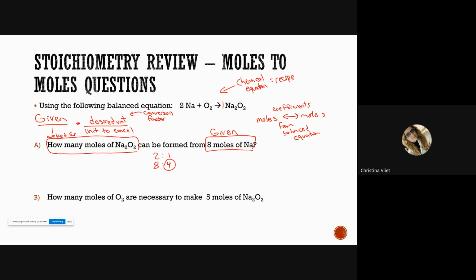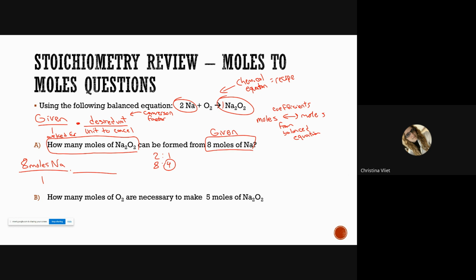Now, what's the traditional method? Start with your given. Your given is 8. Put a 1 under that. This is the traditional method. You have to pull the numbers from the balanced equation. You have to put the correct unit on the bottom, the one you want to cancel. Because you start with sodium, you put sodium on the bottom, and you put Na2O2, which you're looking for, on the top.